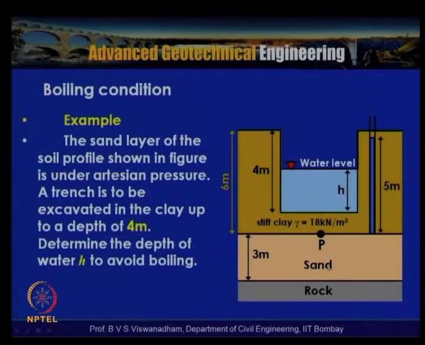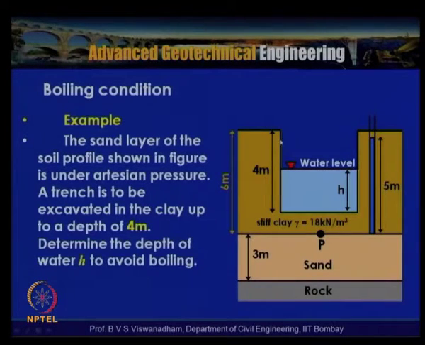This sand layer is subjected to some artesian pressure. That means it has a continuous source of water where it can maintain a head of water equivalent to 5 meters. When you measure the pressure here, the head of the water is measured as 5 meters.